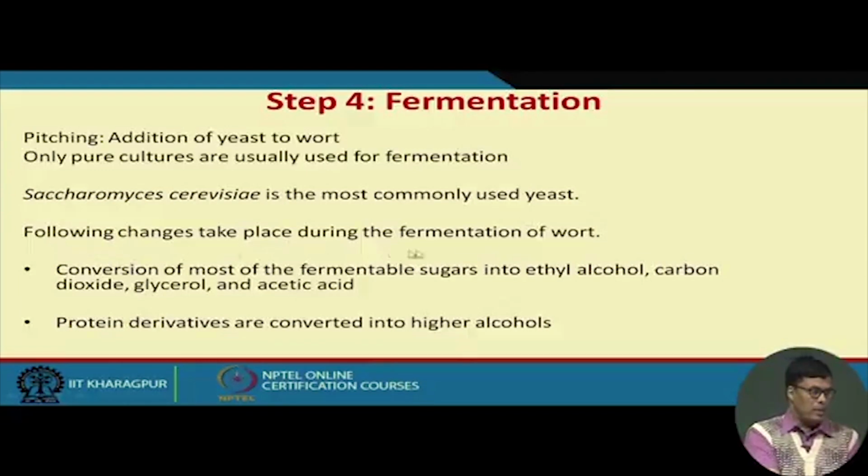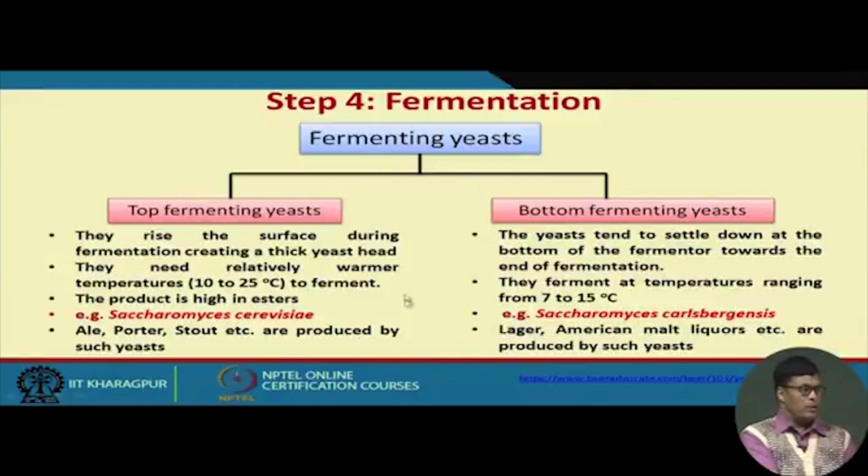The following changes take place during the fermentation of wort: conversion of most of the fermentable sugar to ethanol, carbon dioxide, glycerol and acetic acid. Protein derivatives are converted into higher alcohols. So this is the difference we have between the top fermenting yeast and the bottom fermenting yeast.